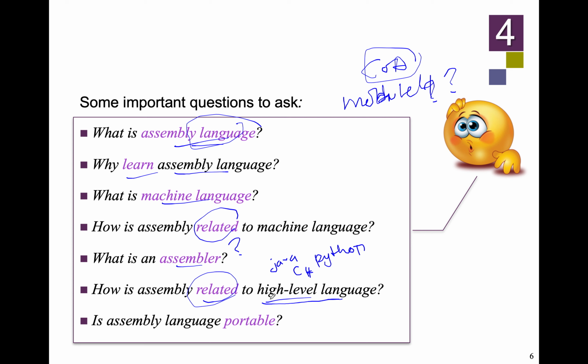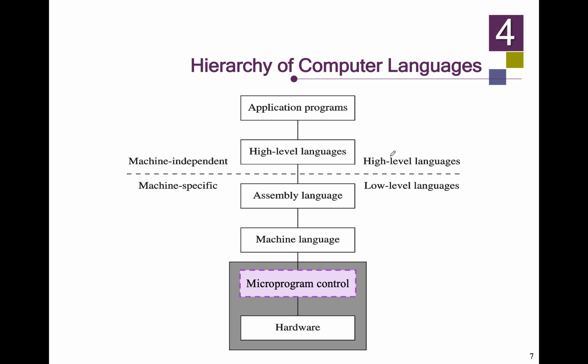So what is the correlation between each other? Is your assembly language portable or not? How about your high level language? Is it portable or not? So all of these questions might come out in your mind. That's why we will try to figure out and learn all of this.